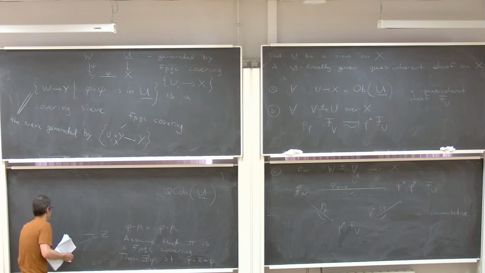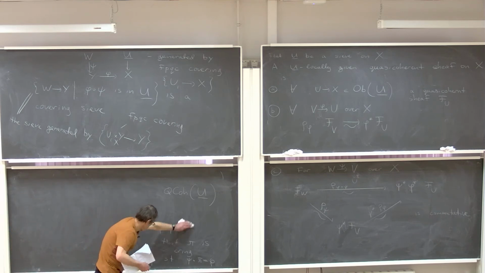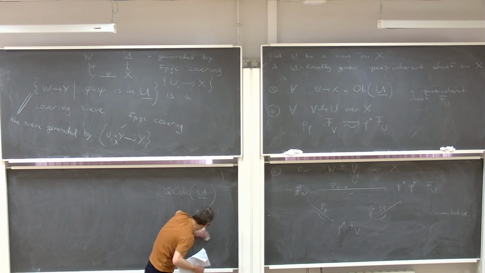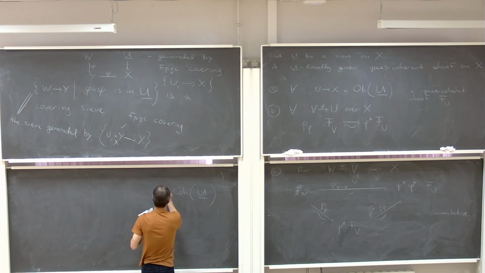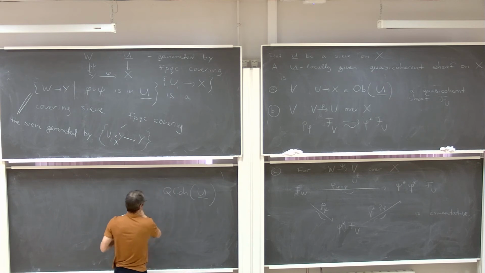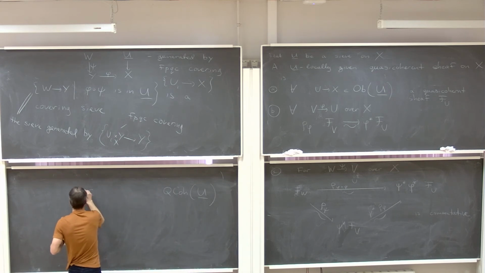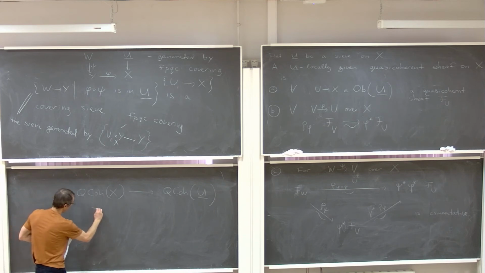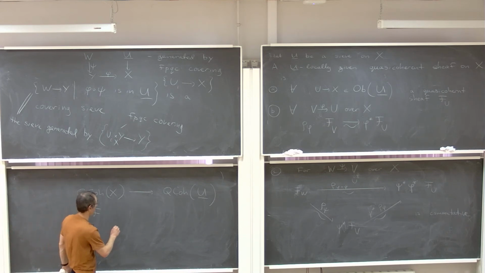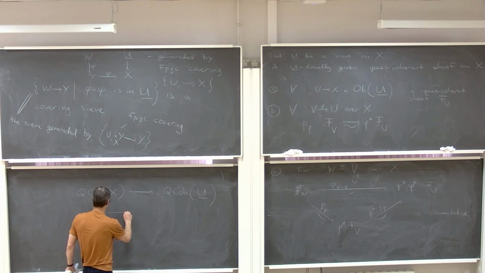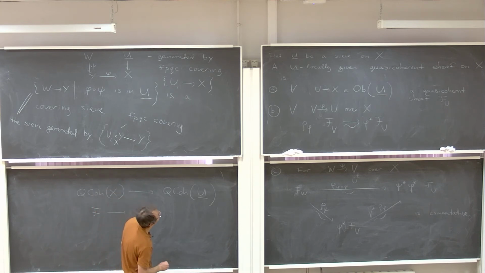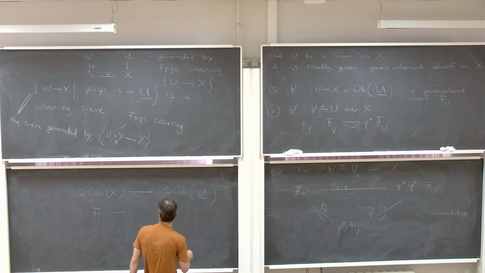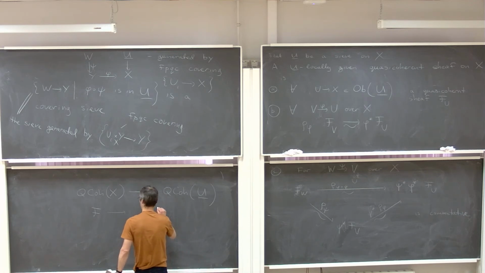And so we have a functor from usual quasi-coherent sheaves on X to this category that takes a sheaf F and assigns to it the following collection.